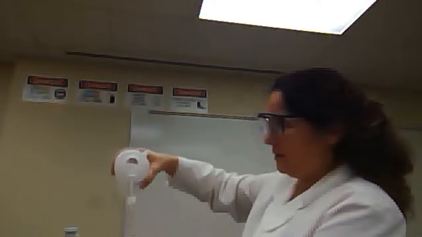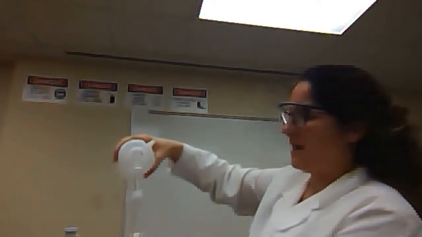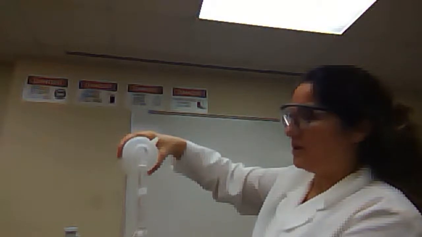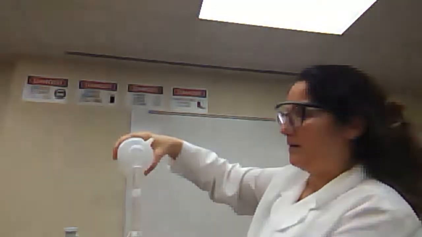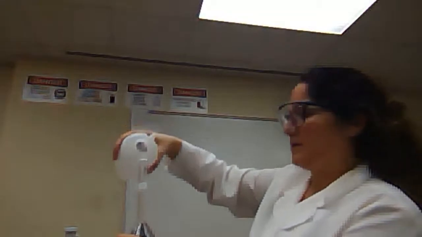I forgot my glasses. Sorry. Going to add more water to volume. That means the level of the liquid should reach the index line. So I have to add very slowly.